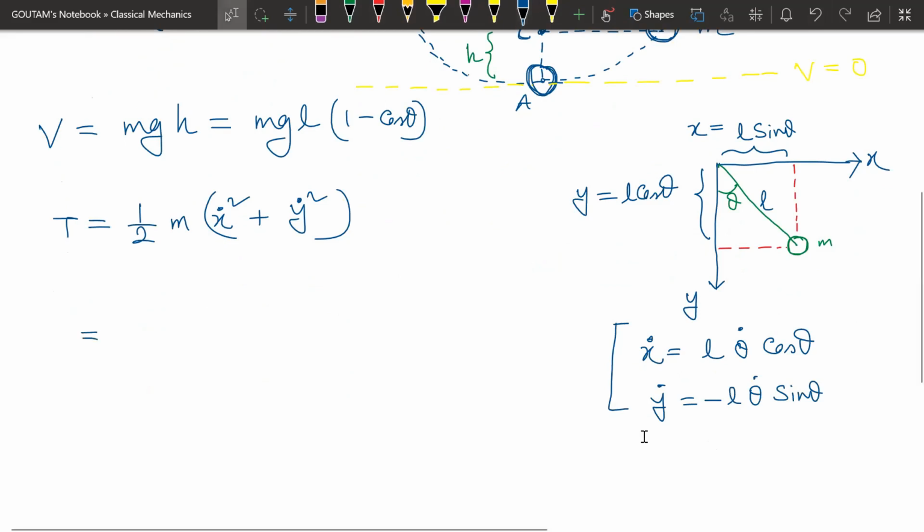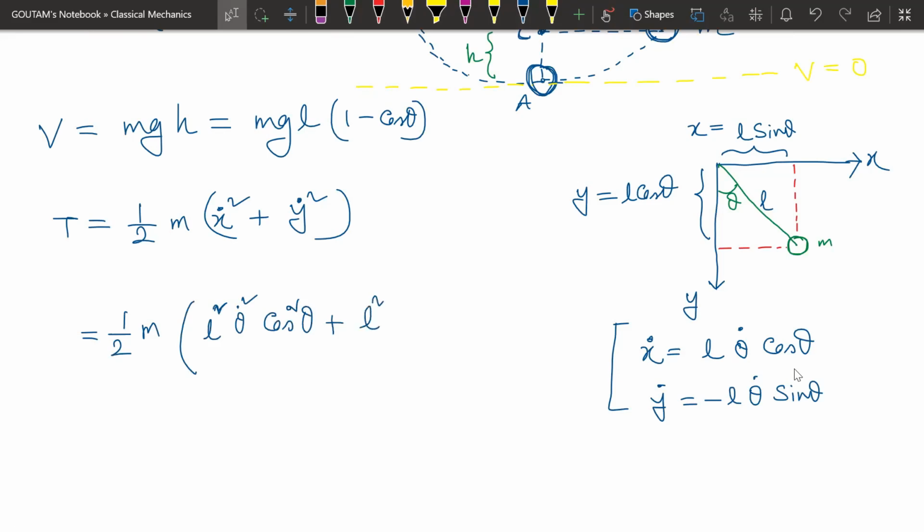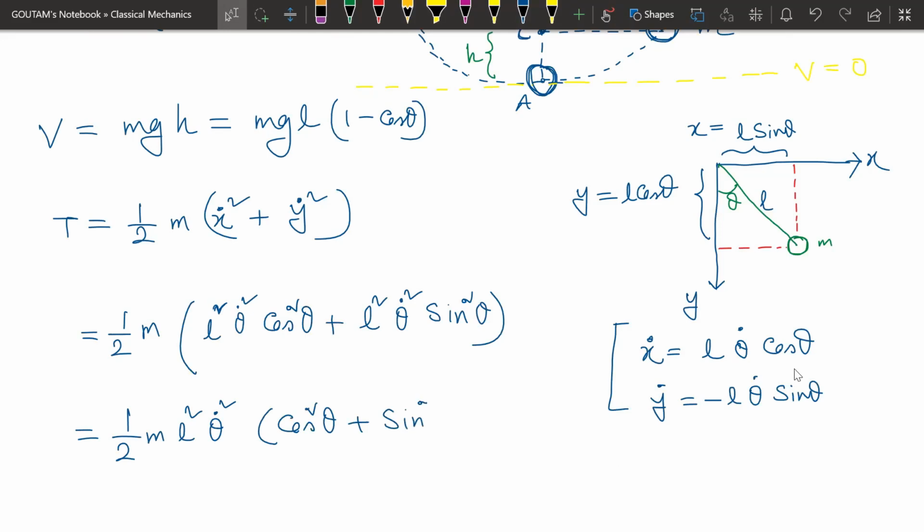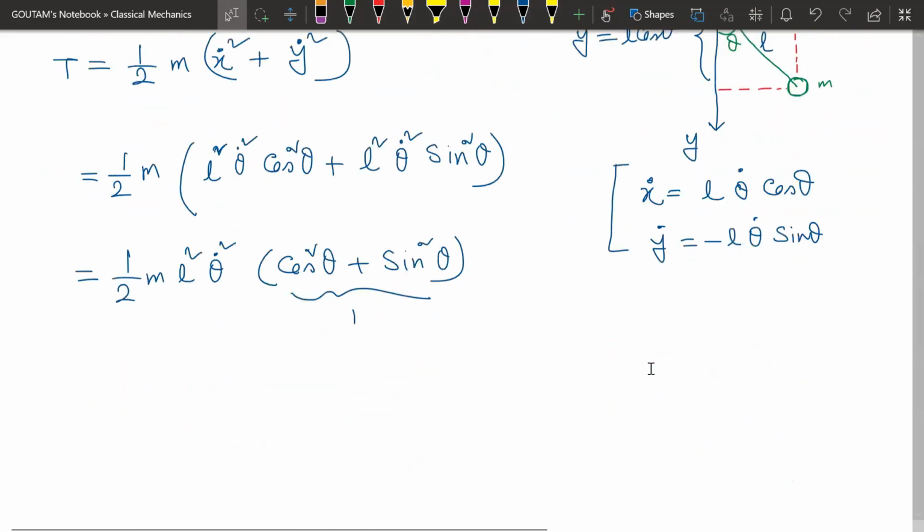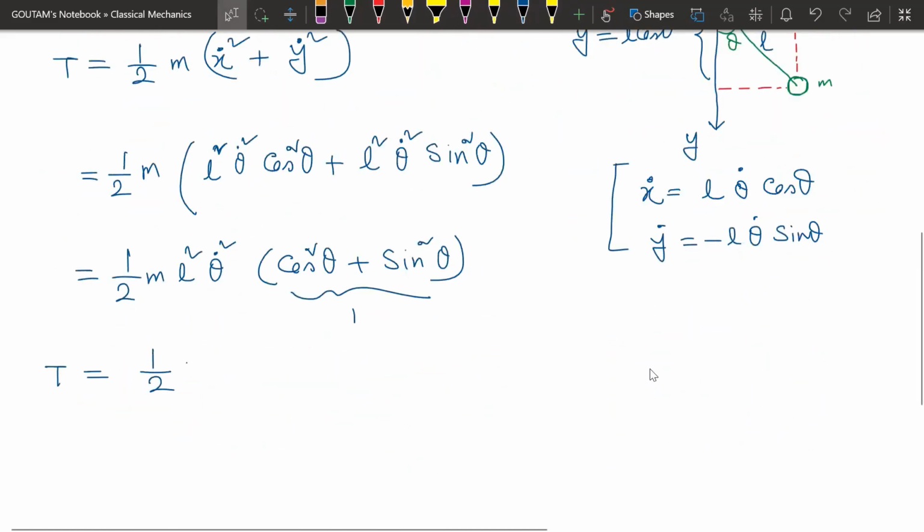If we now take x dot square plus y dot square, we get half m L square theta dot square cos square theta plus L square theta dot square sine square theta, which is half m L square theta dot square (cos square theta plus sine square theta), which is 1. So our kinetic energy will be T equals half m L square theta dot square.